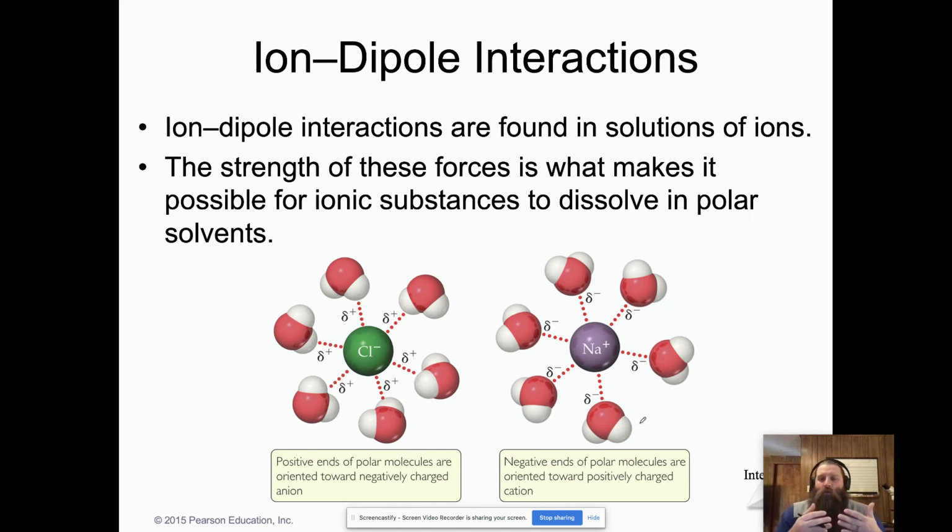So when we think about table salt, NaCl, breaking down, it's the positive end of water that's going to be attracted to the chloride ion, and the negative end of oxygen on the water that's going to be attracted to the positive sodium ion in salt in order to form these hydration shells. So the surrounding of the ion is called a hydration shell. Okay, so that's the ion-dipole interaction. Now these are really strong. Of all of the intermolecular forces we've talked about, these are the strongest.